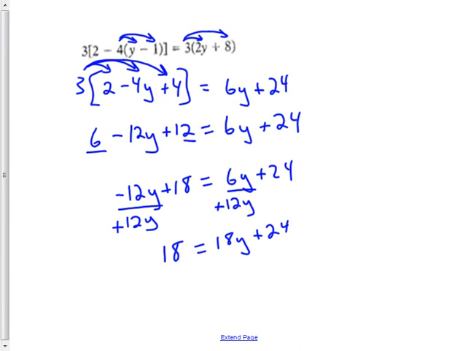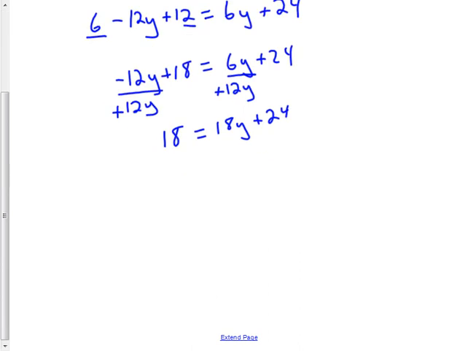And I like positive numbers. I've got these two. I've got the option of subtracting 18 or subtracting 24. This time I'm going to subtract 24 because my goal is to get the y by itself. Before, my goal was to try to keep things positive. Now I don't have a choice. I have to get the y by itself. So if it comes out negative, it comes out negative.